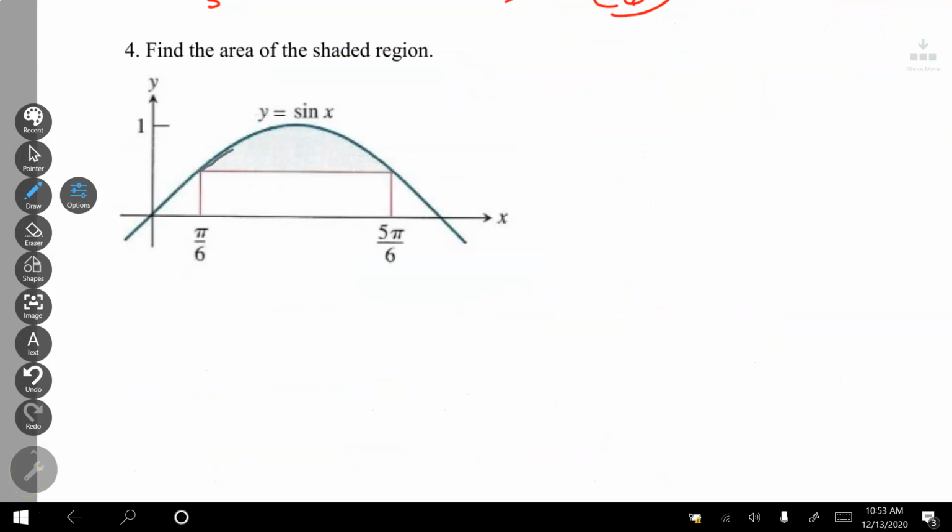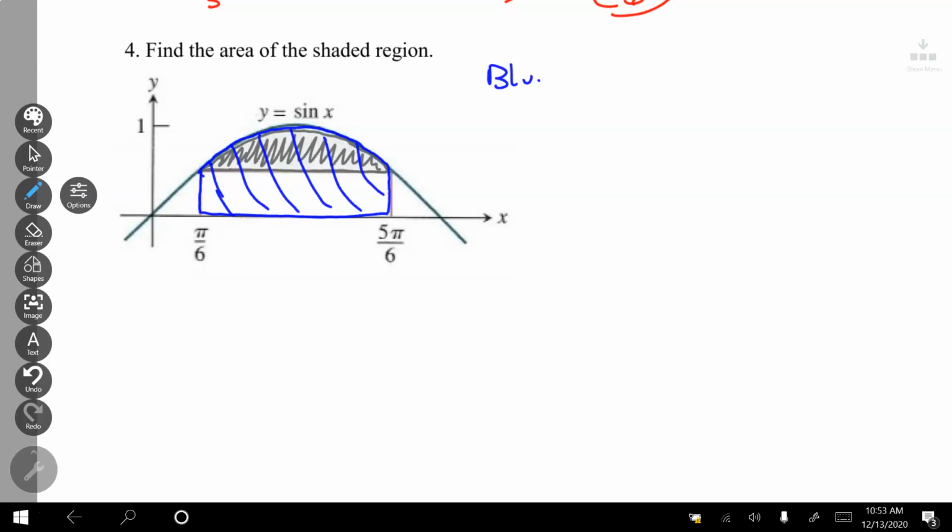Okay, a little bit harder problem. I need to figure out this shaded region right here. Well, I think I have to do some addition here. So if I look carefully, I have a blue region.